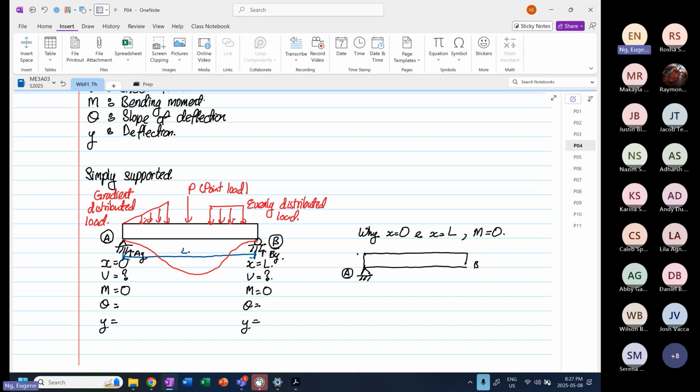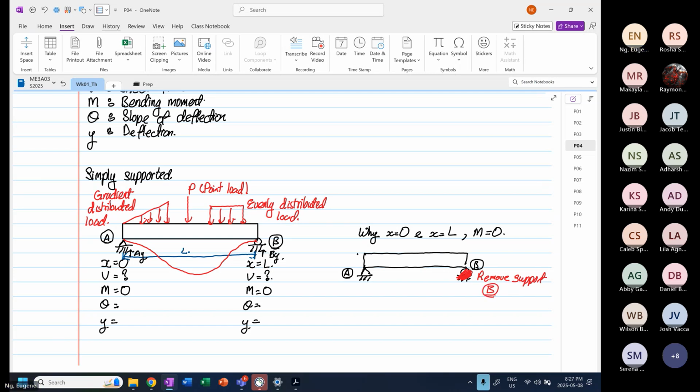Originally at point B, we have a roller support. Now, if we were to immediately remove the support at B, what will happen to the entire structure?